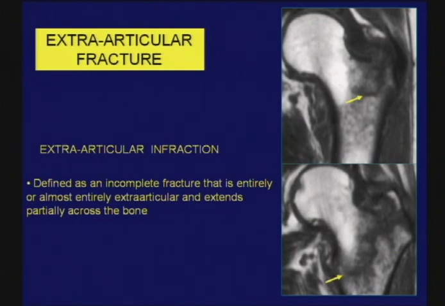Perhaps we should call those extra-articular infractions. The definition of an infraction is an incomplete fracture. You all have seen this, I'm sure, with the greater trochanter fractures that begin to extend across the bone, maybe halfway, maybe even beyond that, but don't reach the opposite side. So these are not completed fractures, but incomplete fractures.